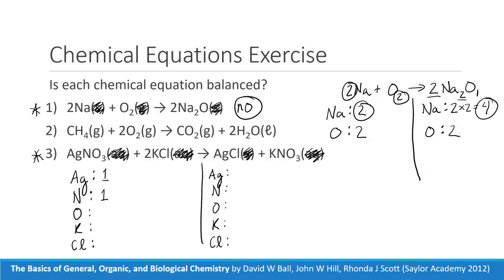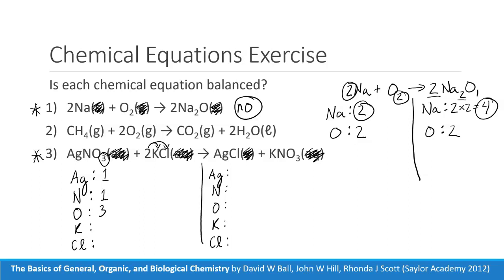And then oxygen, no coefficient, but the oxygen has a subscript of 3, so we have 3 oxygens. And then for the potassium chloride, keep in mind that that coefficient is going to distribute to every element in the compound. So that 2 not only applies to the potassium, but it also applies to the chloride.